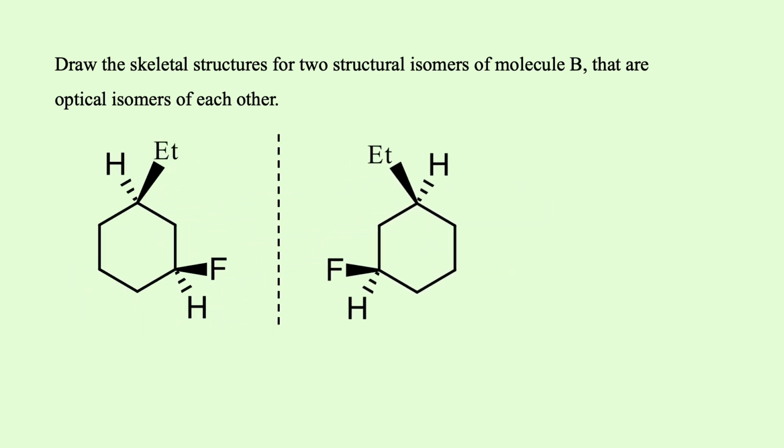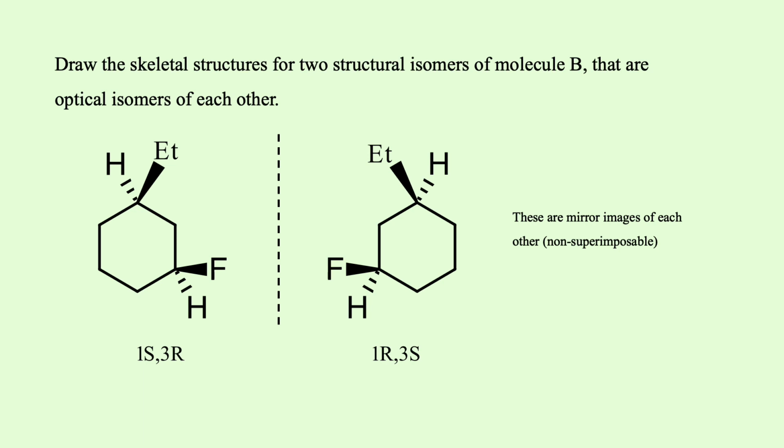Here is the first set of enantiomers that we will be doing. These enantiomers are non-superimposable mirror images of each other, so that's why it's got a dotted line in the middle. It's as if one is seeing the reflection of itself.